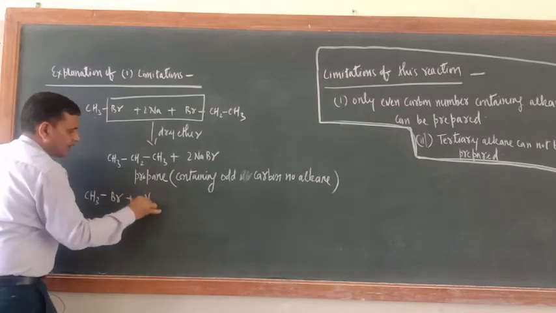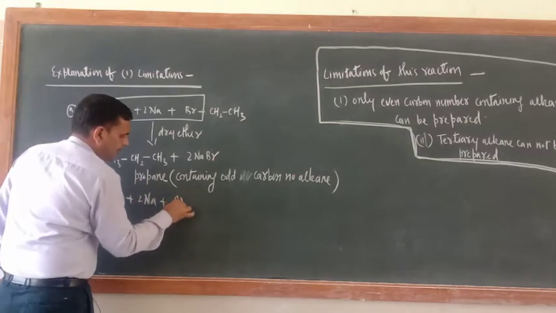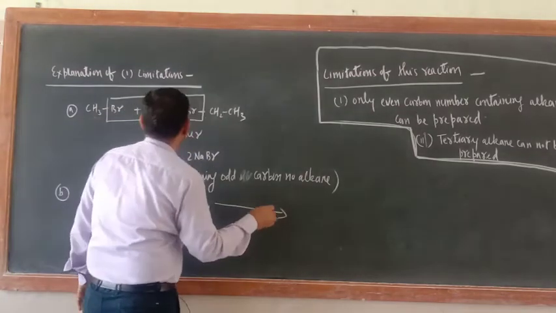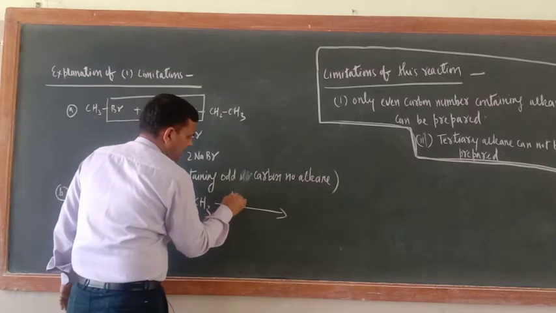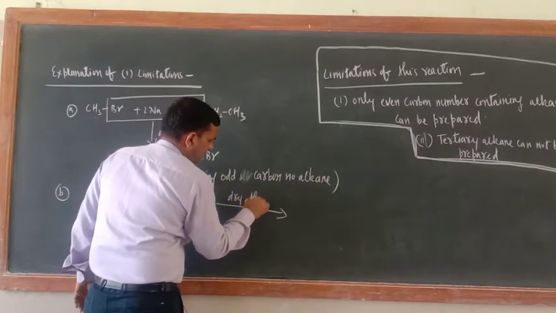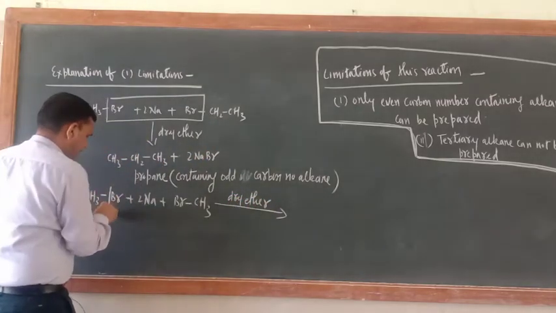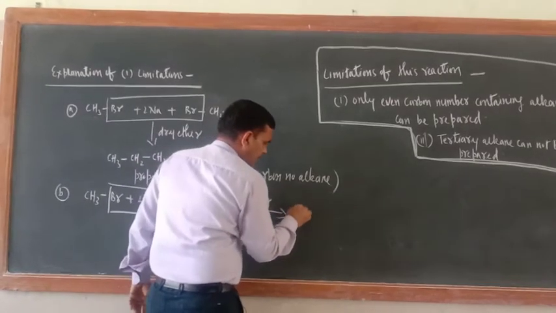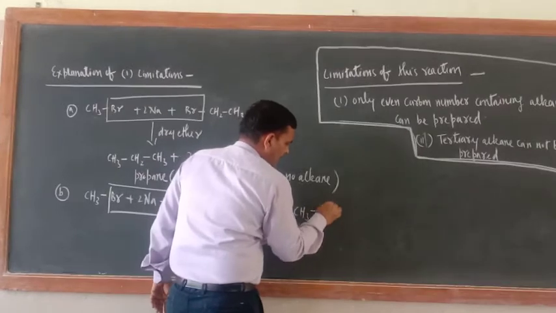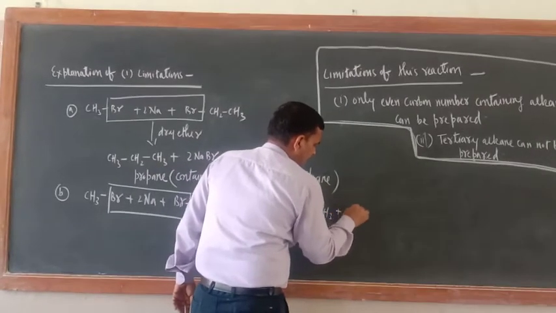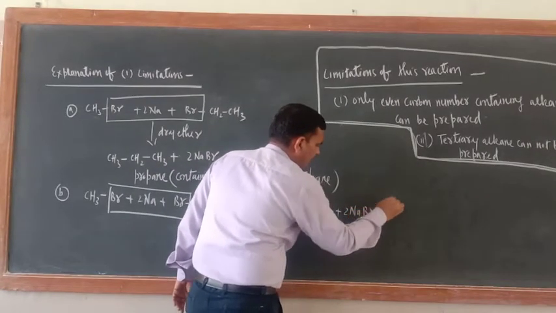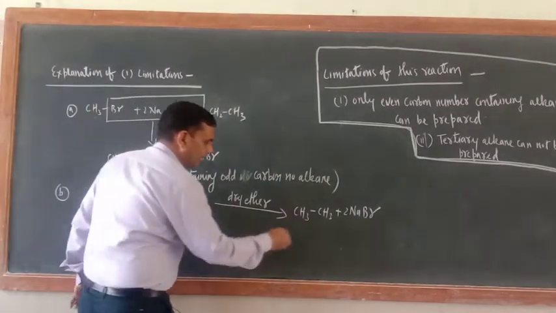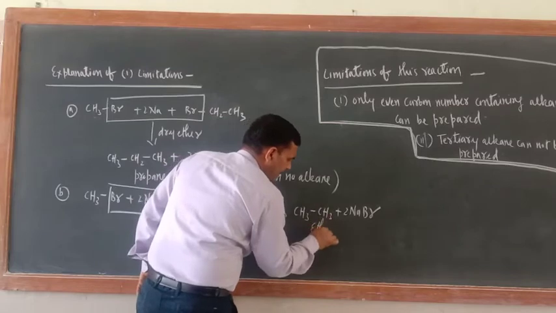CH3Br plus 2Na plus Br CH3, in dry ether, gives CH3 CH3 plus 2NaBr. So now propane you have got, and here you have got ethane also.